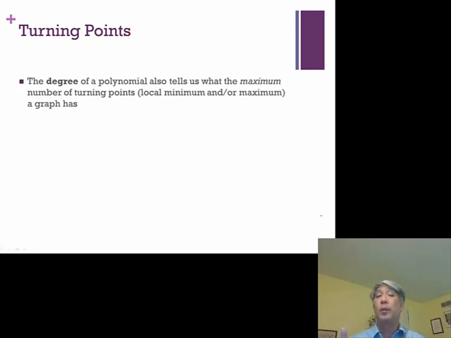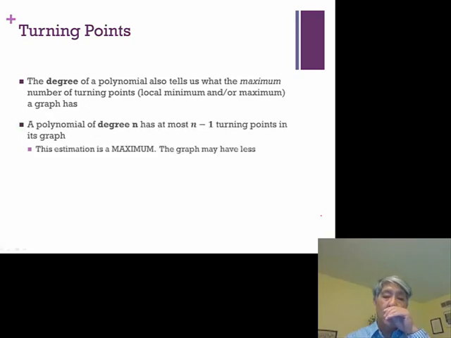It has one turning point. So a polynomial of degree n has at most n minus 1 turning points in its graph. The graph could have less, like the graph of x cubed actually has 0 turning points. It has no local minimum or maximum.